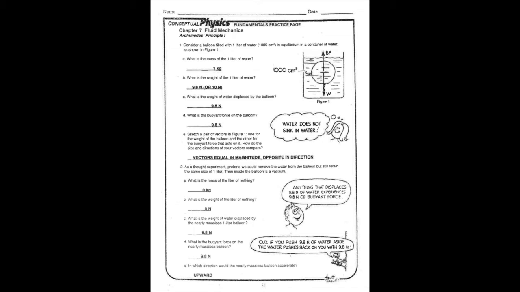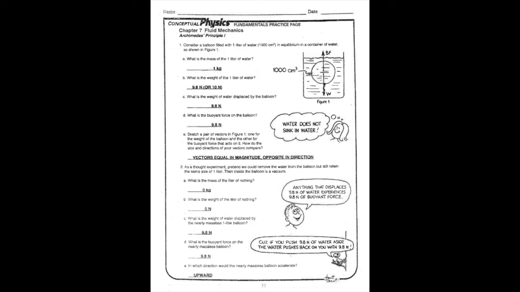All right. So looking at the first one, Archimedes' principle: a balloon filled with a liter of water, 1,000 centimeters cubed, in equilibrium in a container of water as shown in figure 1. What is the mass of the 1 liter of water?